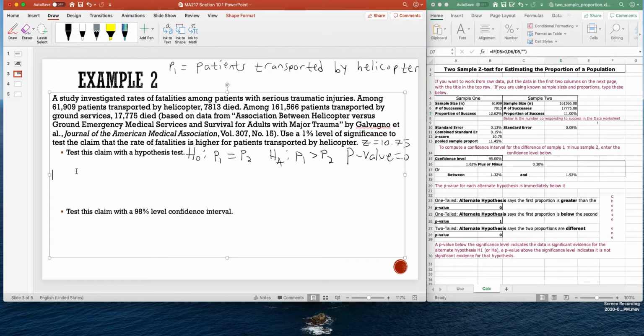But to write our conclusion of this hypothesis test, let me type that on here, this will be at the 1% level of significance. And of course, 0 is definitely less than 1%.